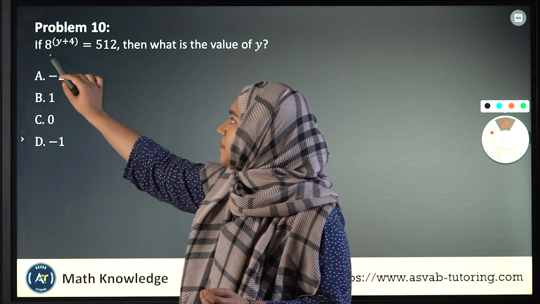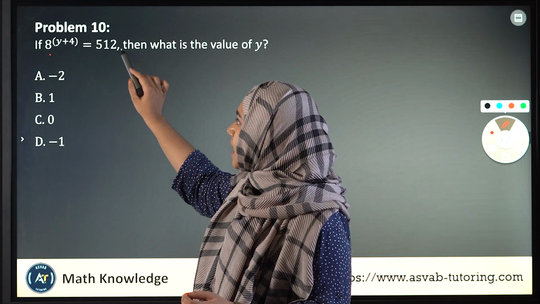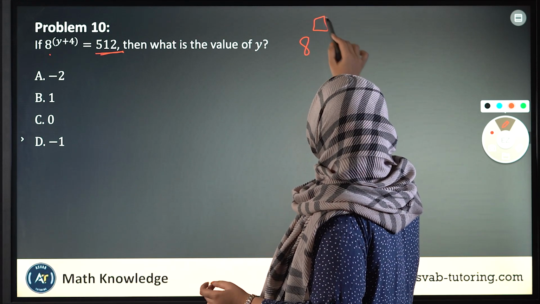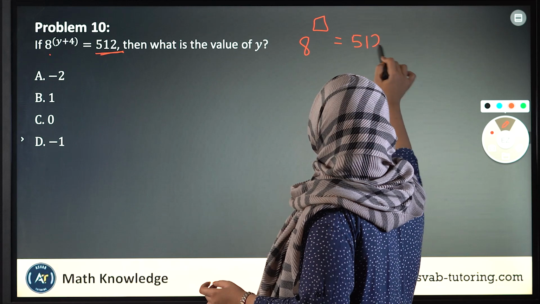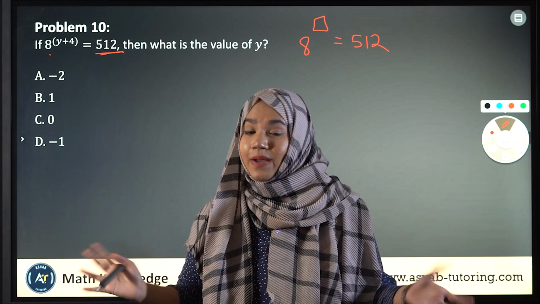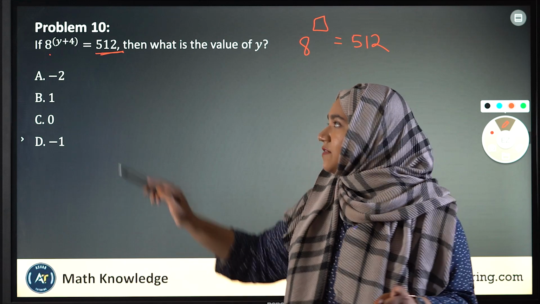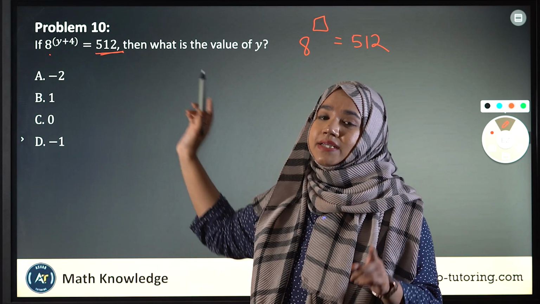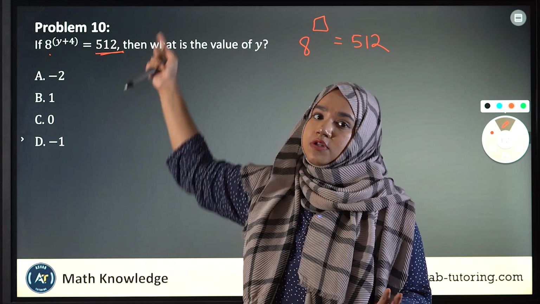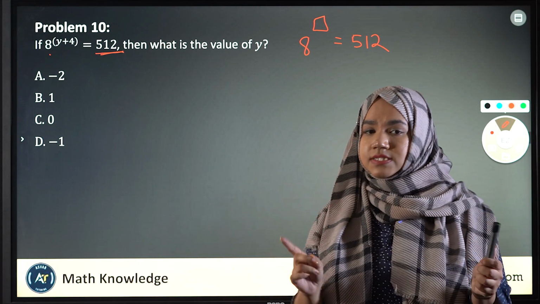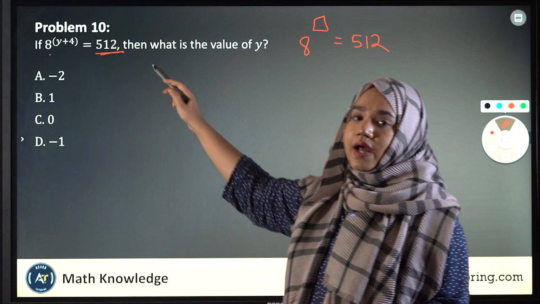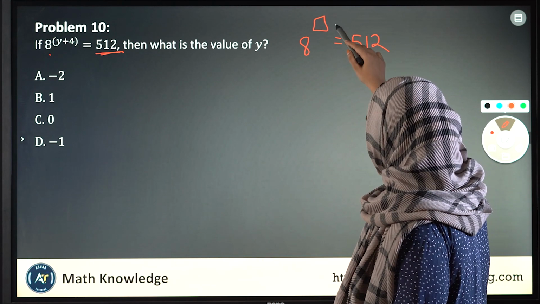Now, because we have 8 in this case, this means that for 5 on 2, we are supposed to figure out what is 8 to the power of representing 5 on 2. Got it? Let's say there was like 2 to the power y over y plus 4. In that case, whatever number you do get here, it's supposed to be 2 to the power of something. If it's a 4 here, it should be 4 to the power of something. Got it? So my first task is to figure out, because there's an 8 here as a base, we need to figure out what is 5 on 2 as 8 to the power of, all right?